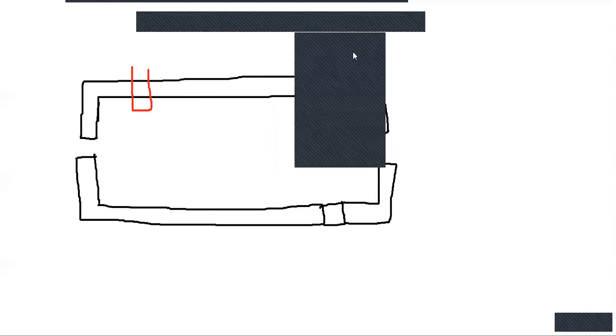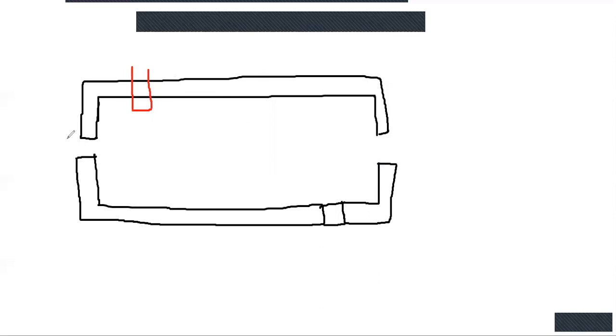Now, start. Before processing, the state of the air or state of the moist air is called unsaturated. This is state 1, unsaturated. After processing, this is state 2.